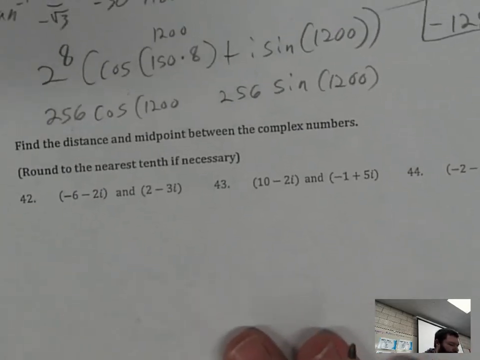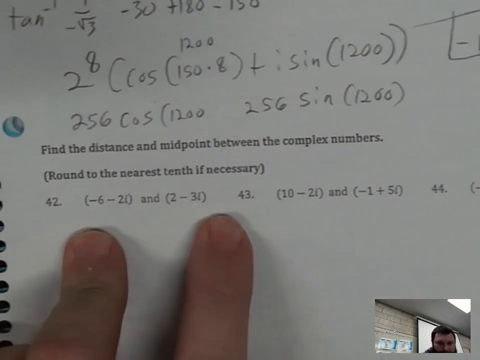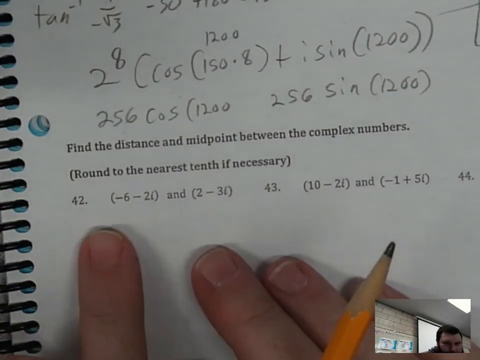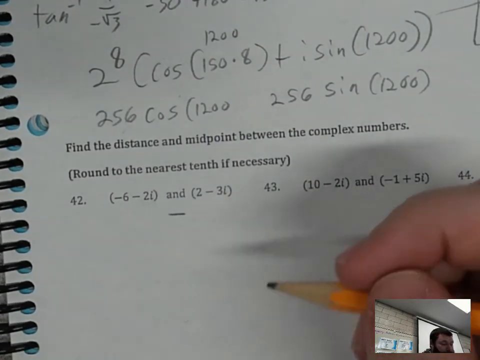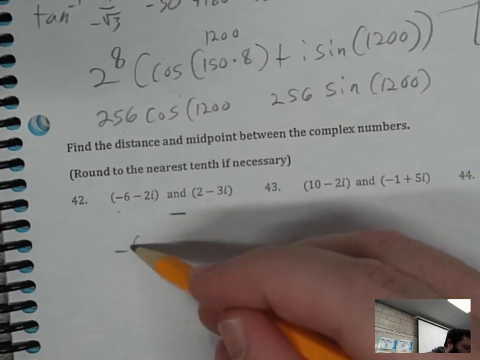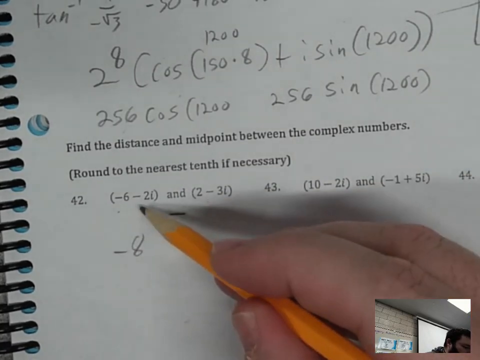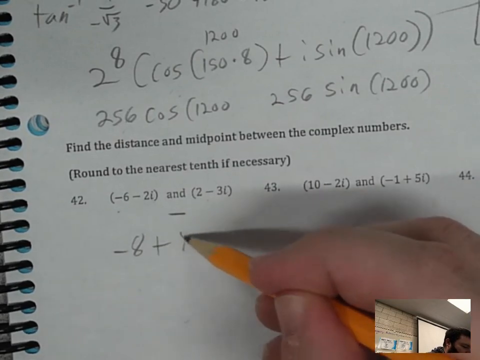Okay? Now, last one. We're finding the distance between these two complex numbers. So to do that, you just find the difference. So you're literally just subtracting these complex numbers. So negative 6 minus 2 is negative 8. And then negative 2 minus a negative 3 would be like adding 3, so plus i.